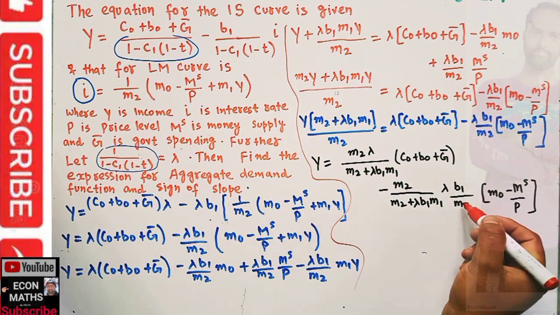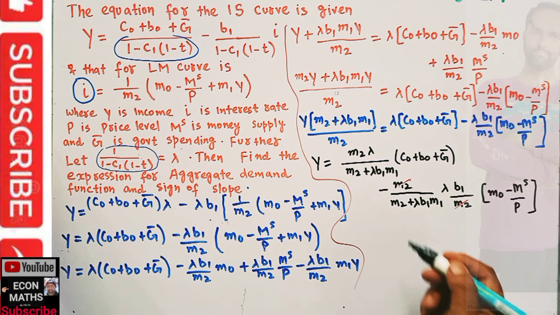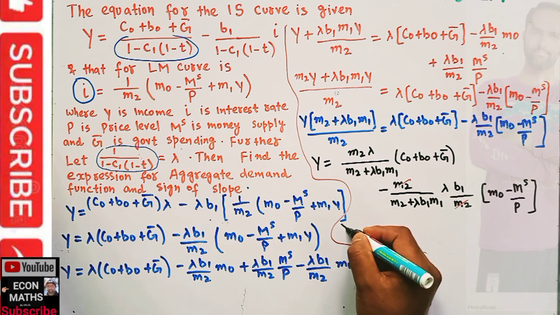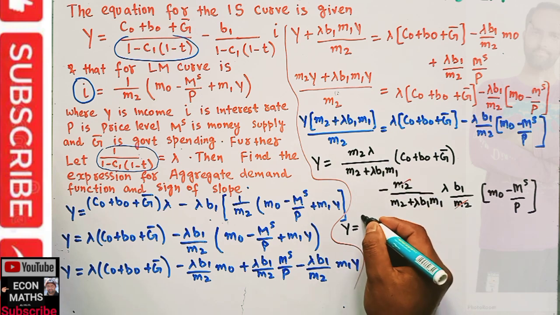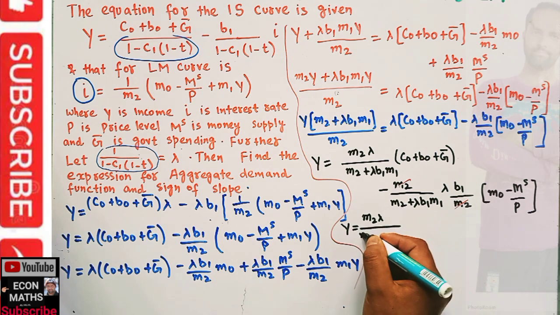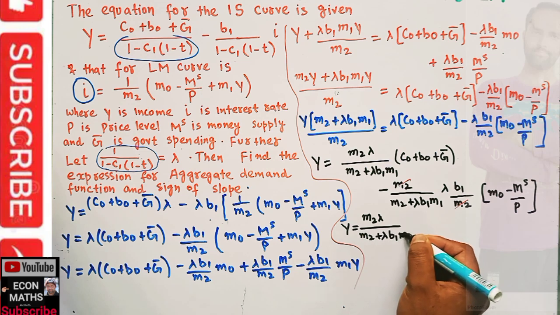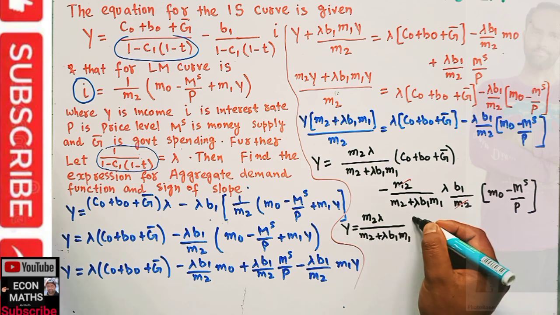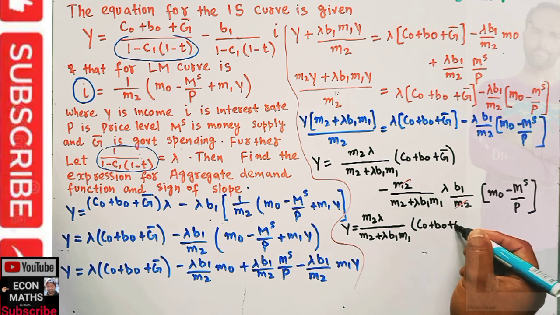So here this m2 and m2 will get cancelled, and we will be left with: y is equal to, let us write it, m2 lambda as it is, m2 lambda upon this m2 plus lambda b1 m1, then we have c naught plus b naught plus g naught.